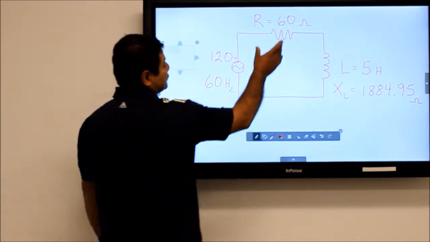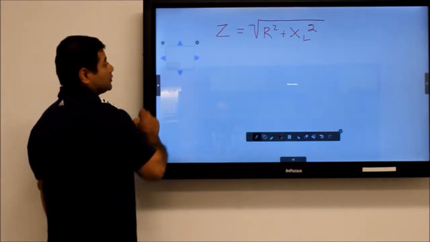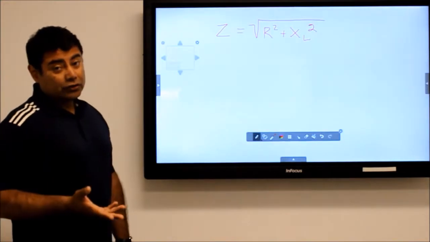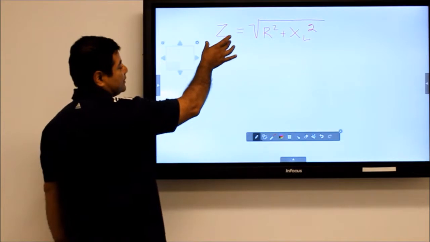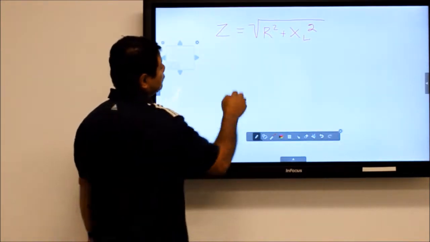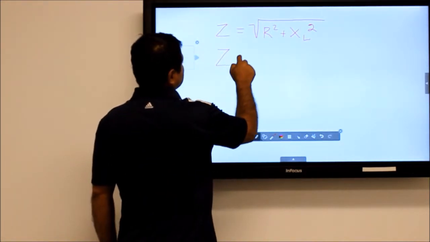In order to add a resistor to an inductor, you use this formula, and the result you're going to get is called the impedance. And of course, the impedance has the letter Z for it. So let's go ahead and replace our values.